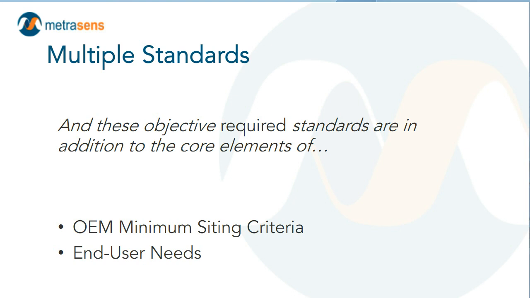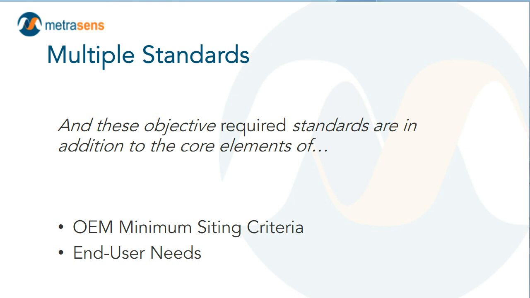And then back into the grand scheme of operation with information such as the OEM minimum siting criteria and building codes and standards and accreditation criteria. My recommendation is to always hold up the operational model as the ultimate goal. Sometimes we have to make compromises based on codes and standards and accreditation minimums. So we can't always get to our idealized state, but we want to at least define that idealized state.